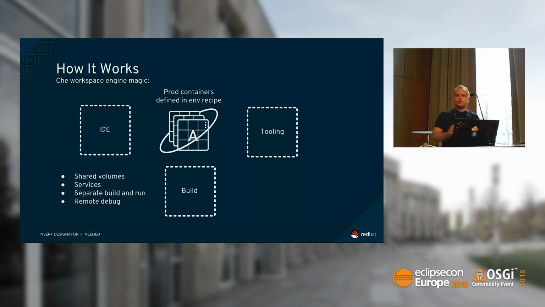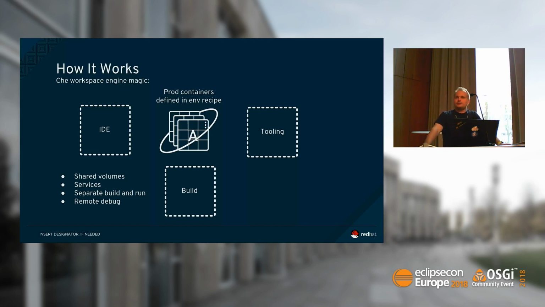And you may add build containers. For example, if you want to decouple build and runtime, you may perform your Maven or Gradle build in one container and use the resulted artifacts in your runtime container, identical to the one that will run in your production or your customers will run. All these containers share volumes, so they have access to the source code.